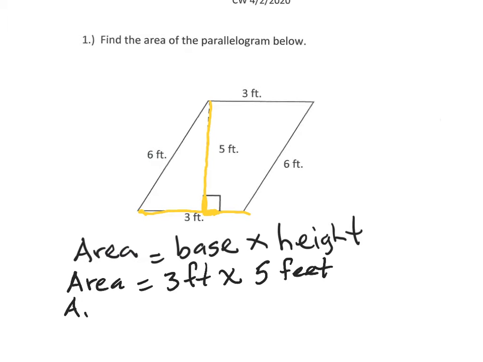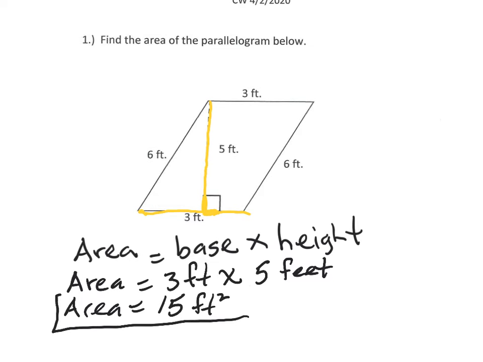So the area is equal to 3 times 5, which is 15, and feet times feet is feet squared. So the area of our parallelogram is 15 feet squared. I'm going to box my answer. And we can go on to the next parallelogram.